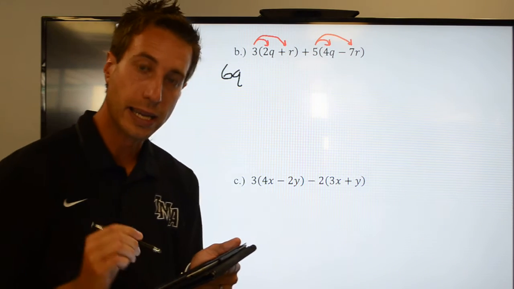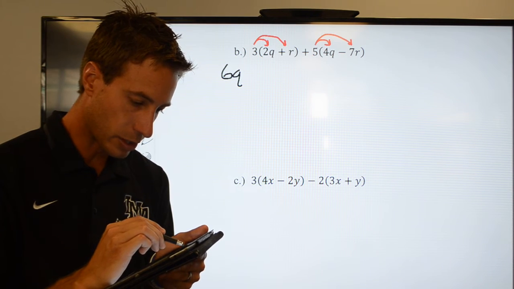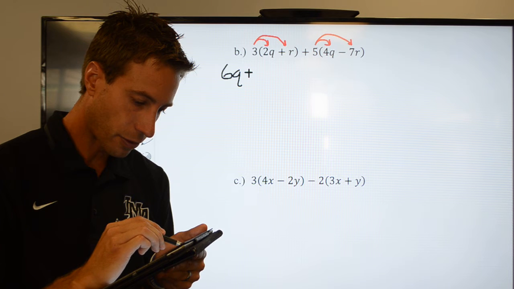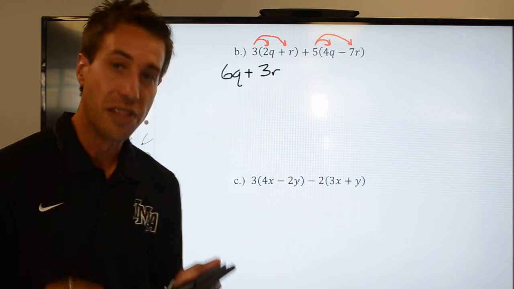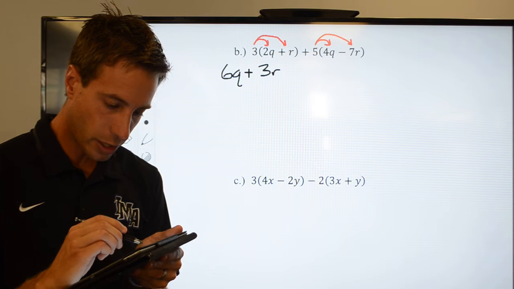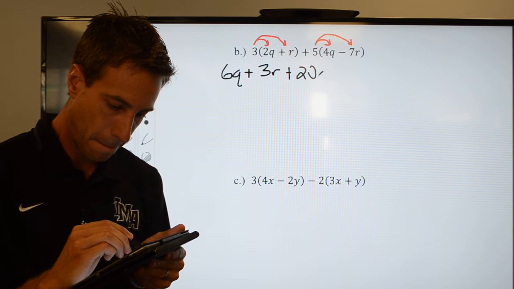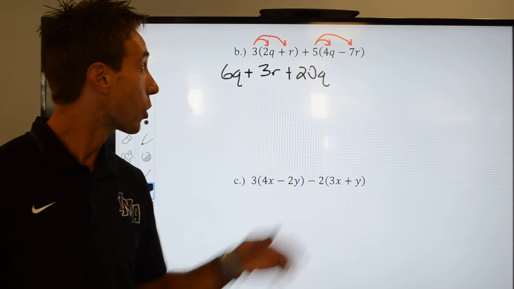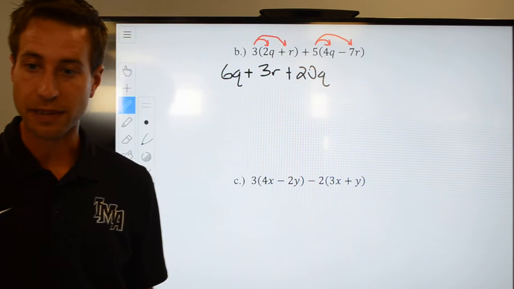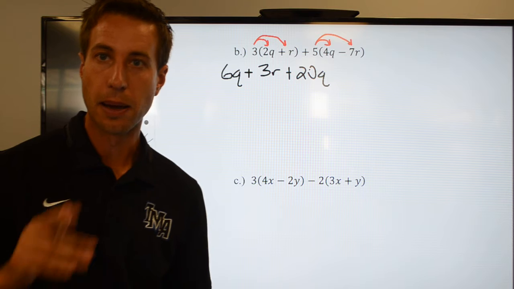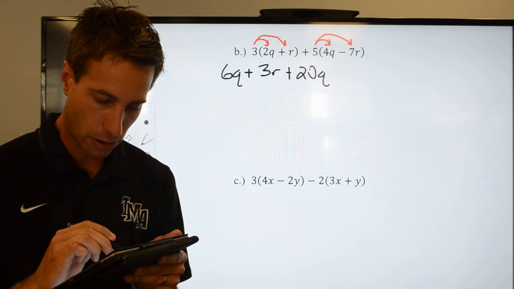Then I'm going to have 3 times r, which is going to be plus 3r. Then I'm going to have 5 times 4q. And then I'm going to have 5 times a negative 7r, which should get me minus 35r.